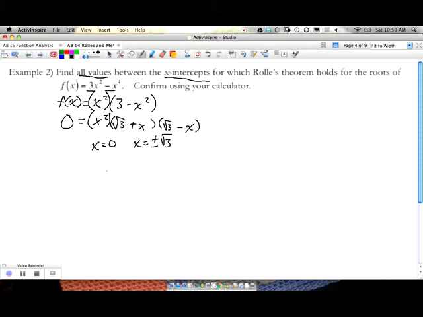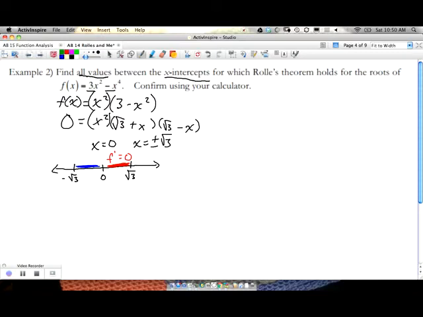So that means that, if I'm looking at this on a number line, we have negative square root of 3, 0, and then we have square root of 3. That means somewhere here in the middle on the left side, and somewhere here in the middle on the right side, that the f prime is going to equal 0.